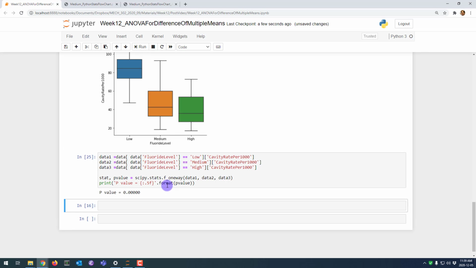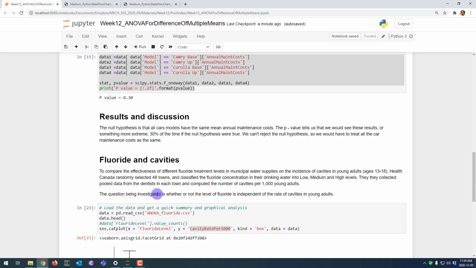One of the things you can do is add more decimal places. The better way, especially for p-values, which tend to involve exponentials when they're more extreme, is just to change this to e exponential. And then we see 4.8 whatever times 10 to the minus 7. Definitely small. So let's take a look at our results and discussion here.